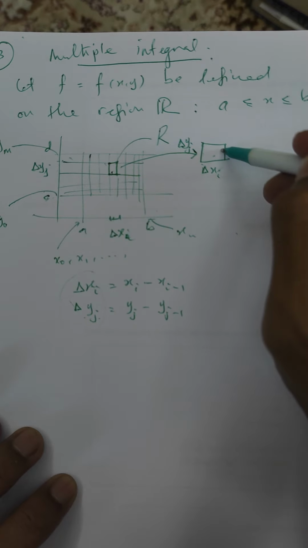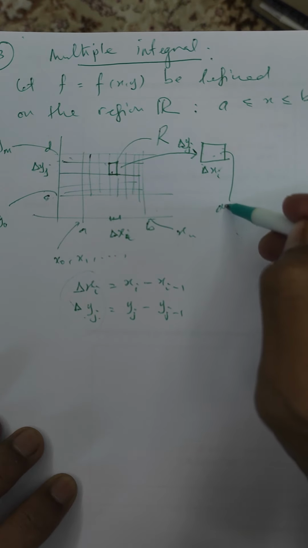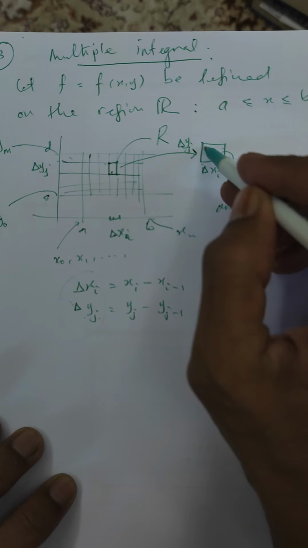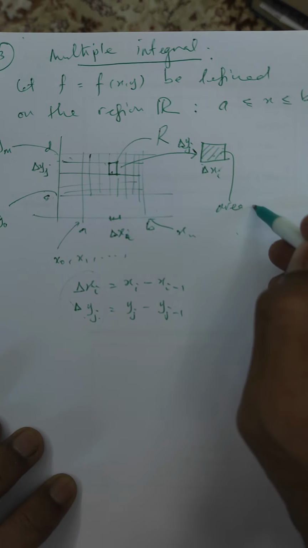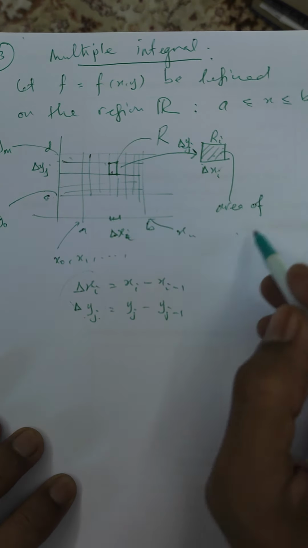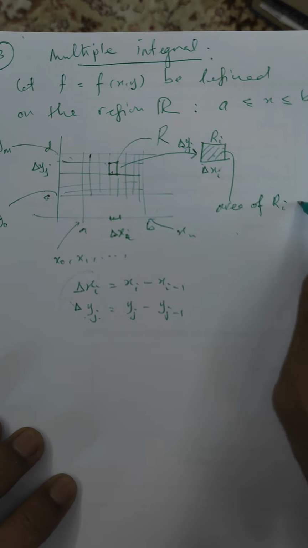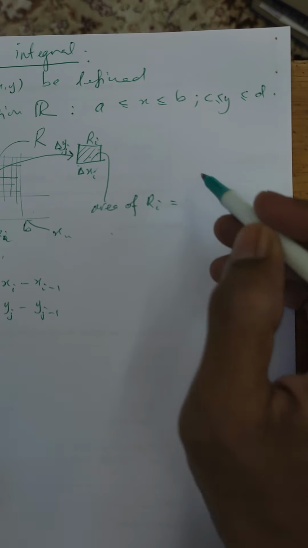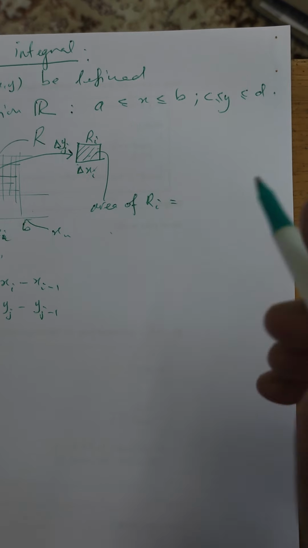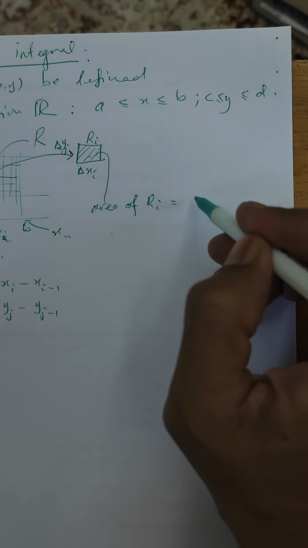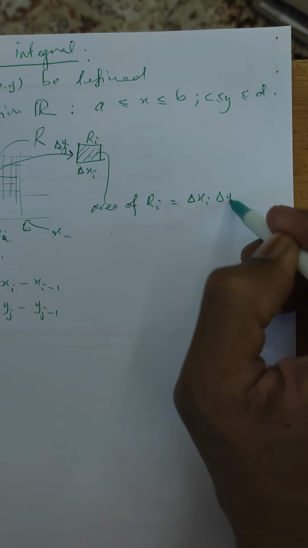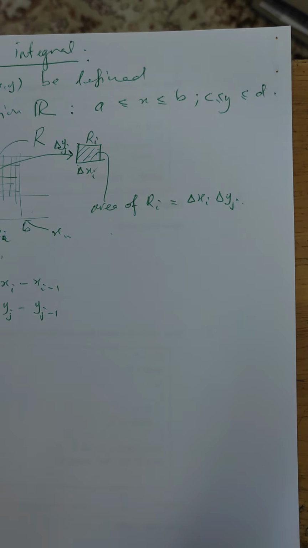So what we can do is find the area of that small region, let's say Ri. The area of Ri is given as delta xi times delta yj.